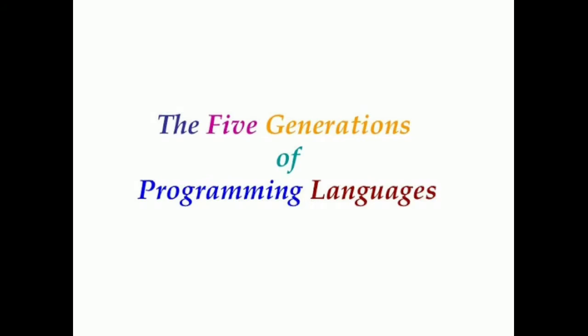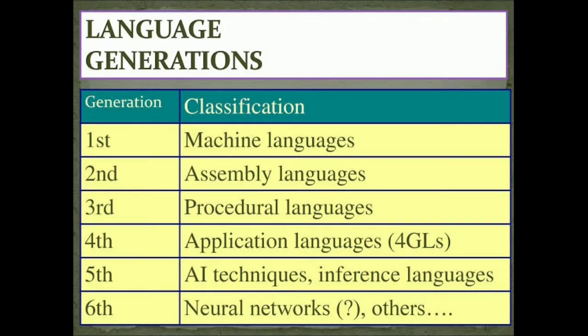The various generations are: first generation, which is machine language; second generation, which is assembly language; third generation, which is high level language; fourth generation, which is 4GL; and the fifth generation, which is visual programming or 5GL.